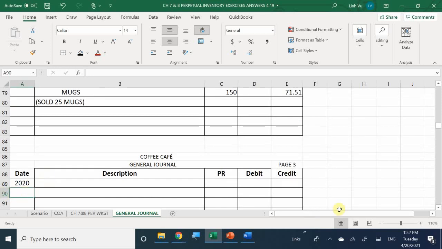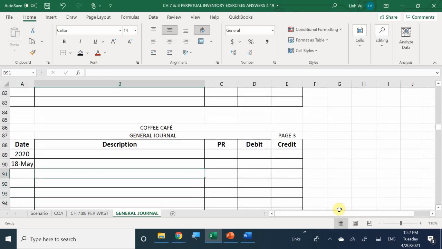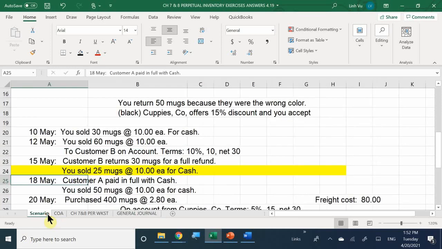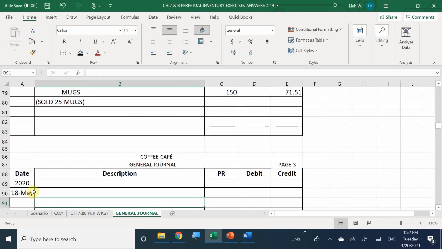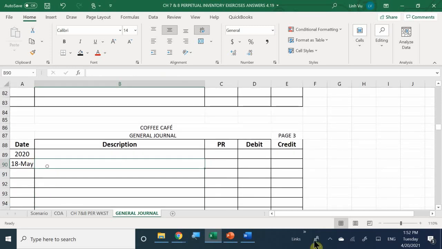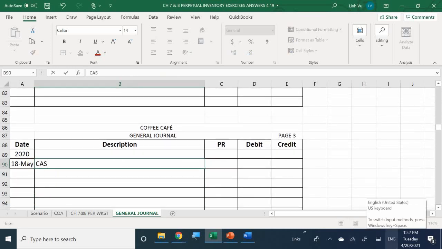So on the 18th of May, what's my journal going to look like? And in this case, does it say how they paid us? In full with cash. They paid us in full with cash. That means we received cash, right? Because one thing that we know is they don't owe us anymore, right?